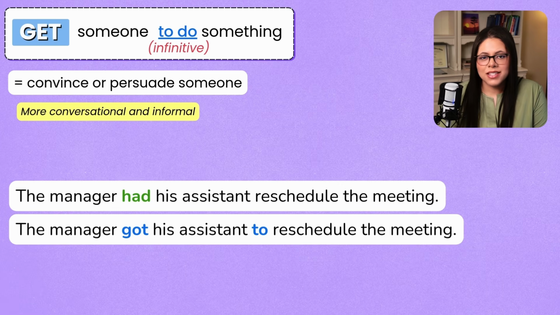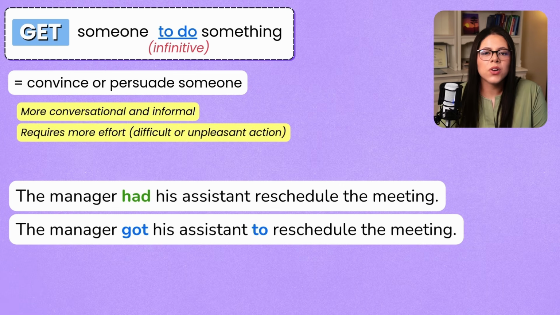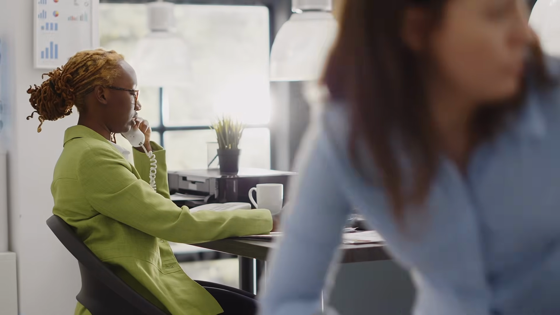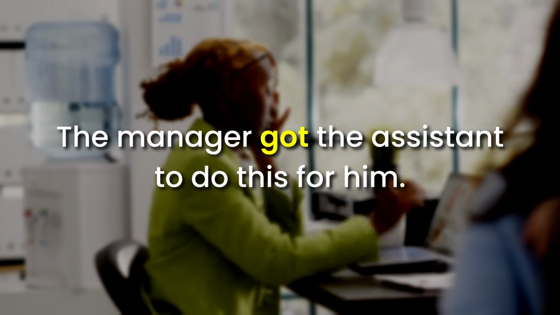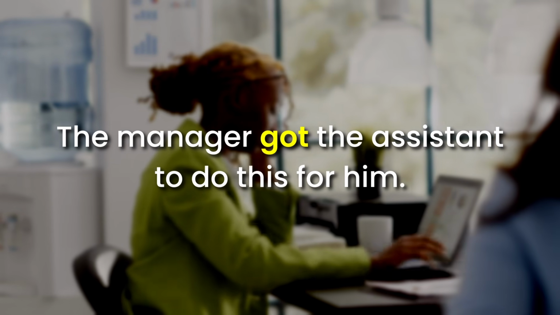This often implies that this requires more effort, especially when the action is difficult or unpleasant. So in this context, got changes the feeling. Maybe the assistant did not want to reschedule this meeting because this meeting was really important. Or maybe there would be negative consequences. But in the end, the manager got the assistant to do this for him.